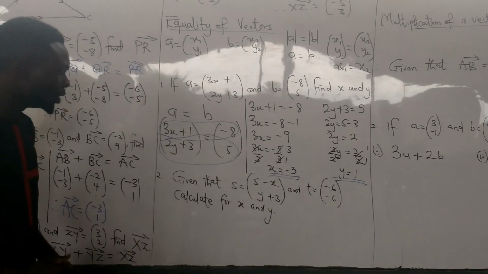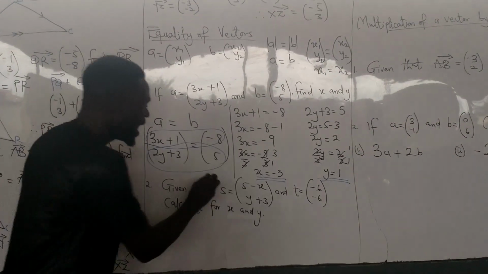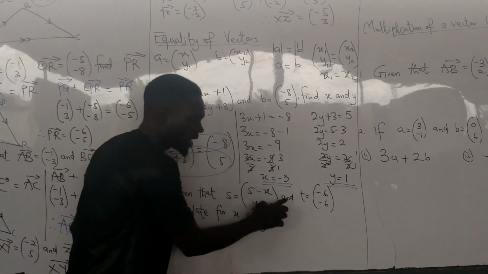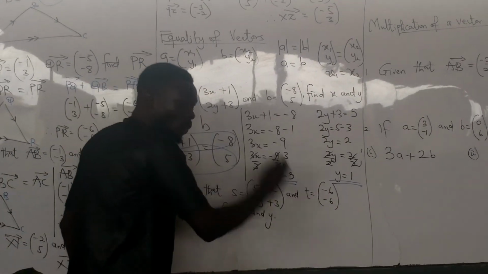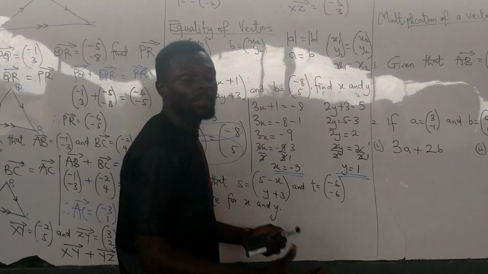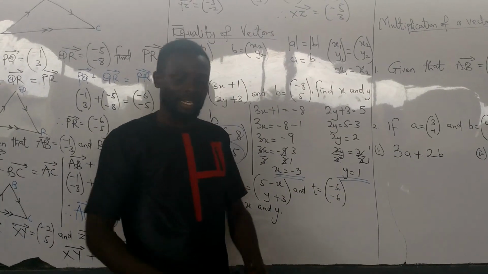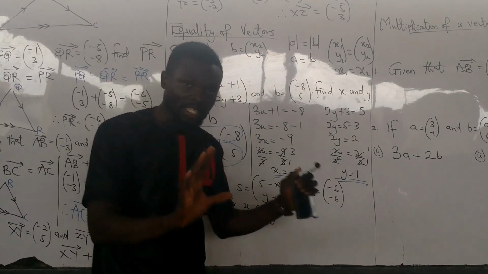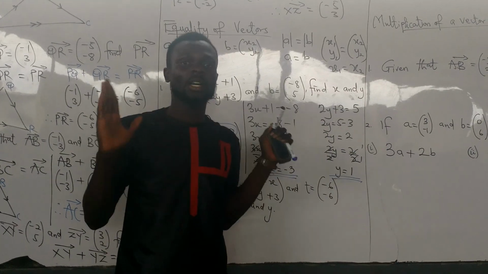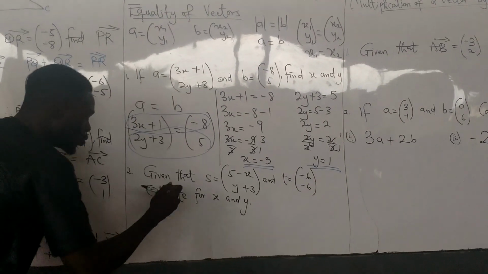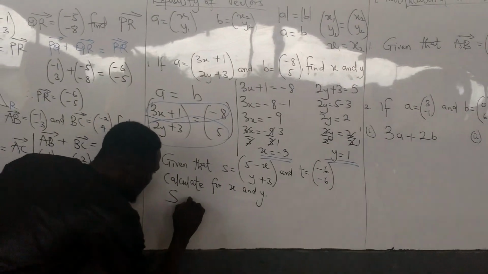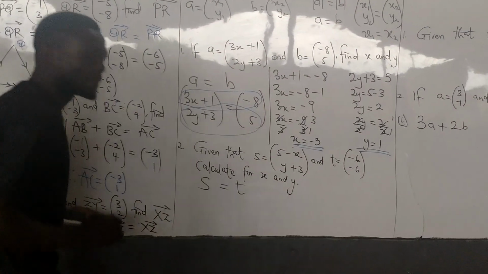Then we have the second example. Given that s is equal to this and t is equal to this, calculate x and y if vector s is equal to vector t. So the question will tell you if they are equal or not. Since these two vectors are equal, it means vector s is equal to vector t.